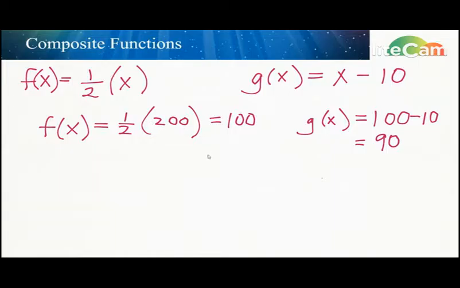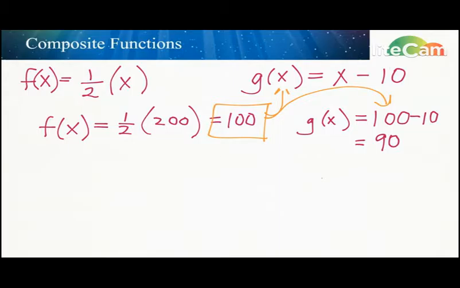In this case, whatever the y value was, it actually became the new x value, and then we put that into the expression for the new function.